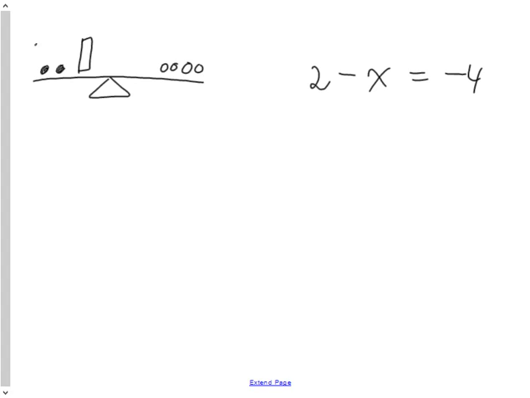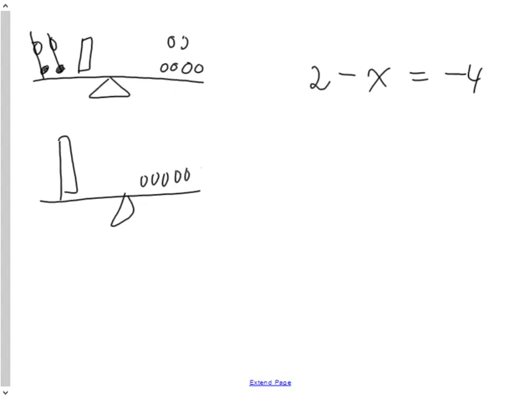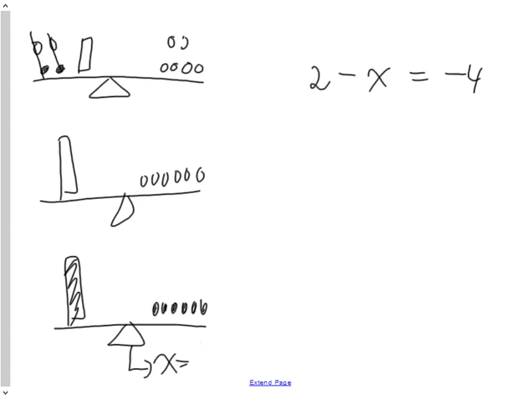So the first thing from a modeling standpoint is I'm going to get rid of that constant by putting -2 on both sides. And that is going to leave me with a negative x is equal to -6. And the opposite of x is equal to 6, so therefore x itself is equal to positive 6. And therefore x is equal to 6.